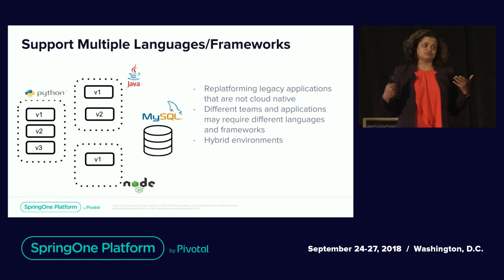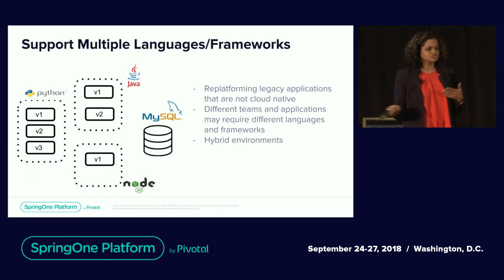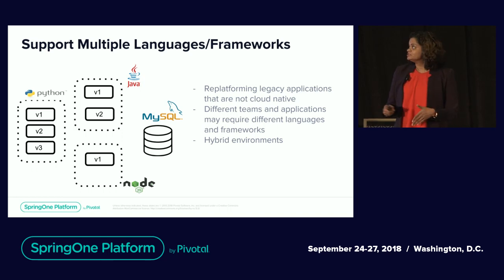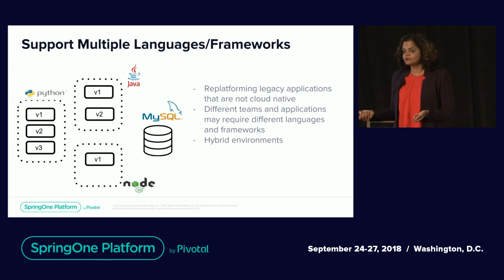So you might start off, say, with decomposing a Java app, but then you might need things like Python or Node.js, and also have a hybrid environment where some things are containerized versus some things are still running on a legacy platform. So there's a mix of different application types, different languages, and different teams may have different requirements for what they want to run.